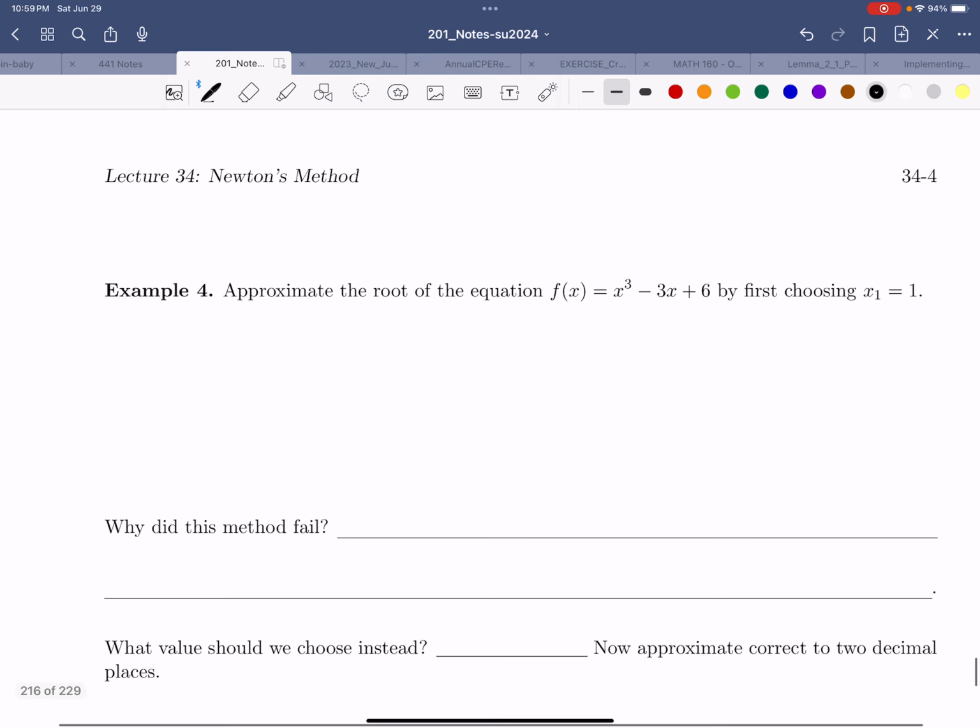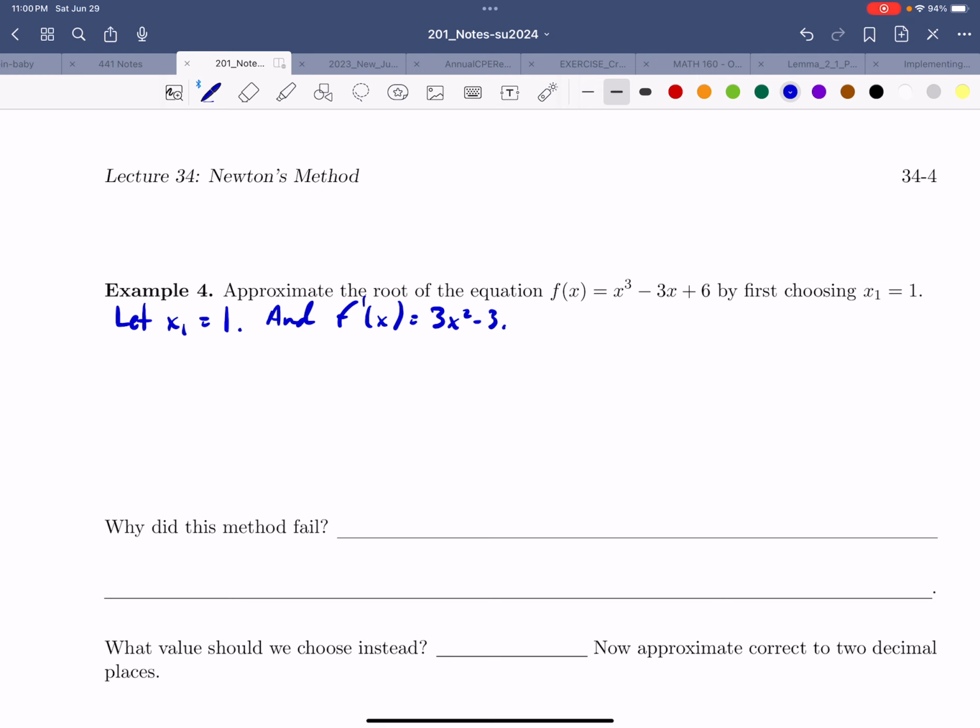Here's another example. Approximate the root of the equation for the function f of x equals x cubed minus 3x plus 6, by first choosing x1 equals 1. Seems like a pretty reasonable guess. Let's try it. Let x1 equal 1. We should also note that f prime of x is going to equal 3x squared minus 3.